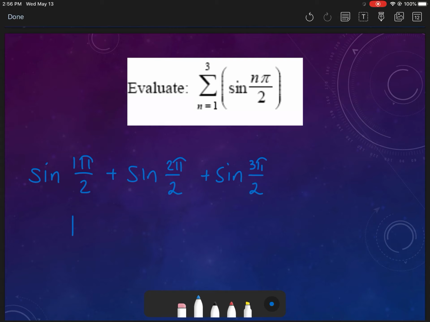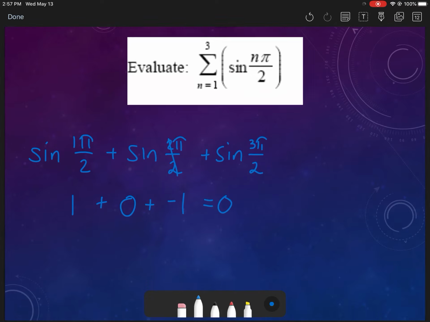Okay, so you should get 1 for that. And then the next one, 2 pi over 2, you can just simplify, so it's the sine of pi, which is 0. And then we have the sine of 3 pi over 2, which is negative 1. So 1 plus 0 plus negative 1 gives us 0. Okay.